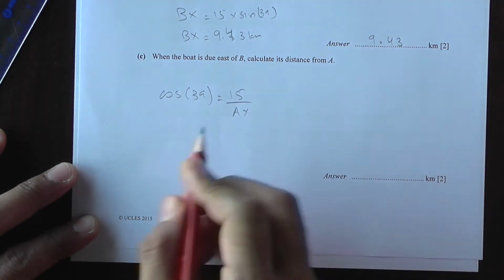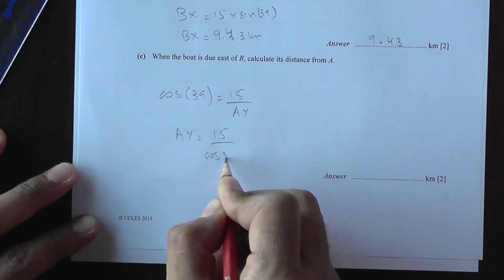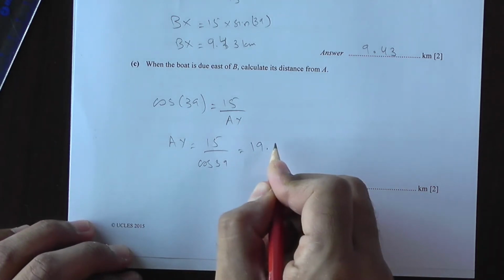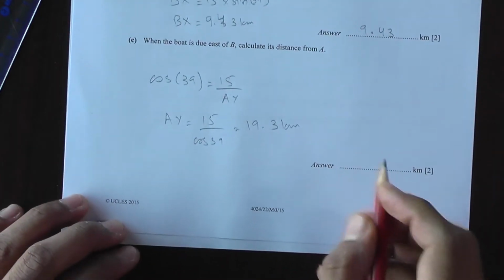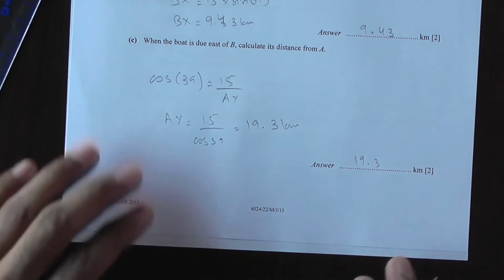So 15 over AY. So AY would be equal to 15 divided by cos 39. Let's see what we get. 15 divided by cos 39. This gives us 19.3 kilometers. So we write our answer over here. It is 19.3 kilometers.